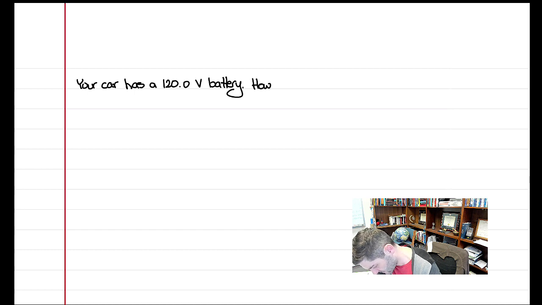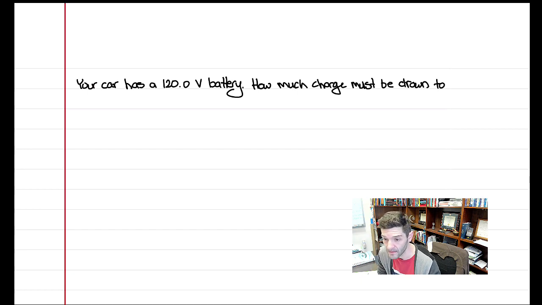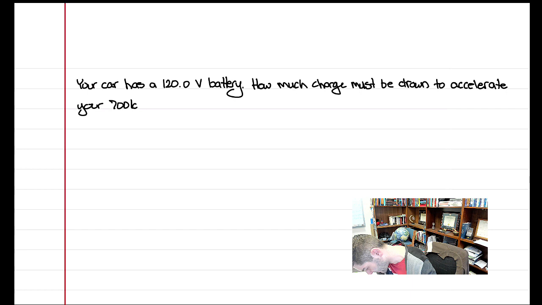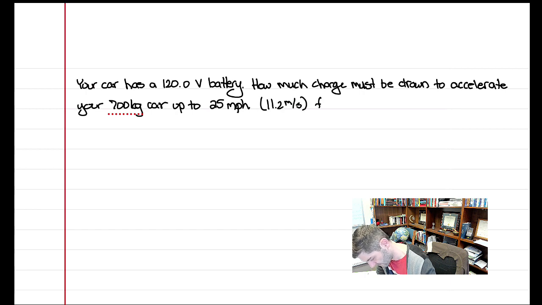How much charge must be drawn or moved through the battery to accelerate your, let's say, 700 kilogram car up to 25 miles per hour from rest? 25 miles per hour is about 11.2 meters per second from rest.